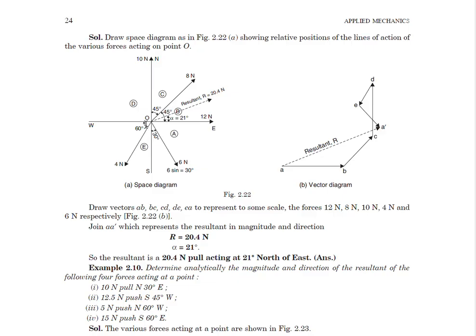So both horizontal and vertical components are negative. Here for 12 Newton it is positive, here both are positive. Here x is positive and y is negative. So all these things you can take care of when you actually solve the problem.